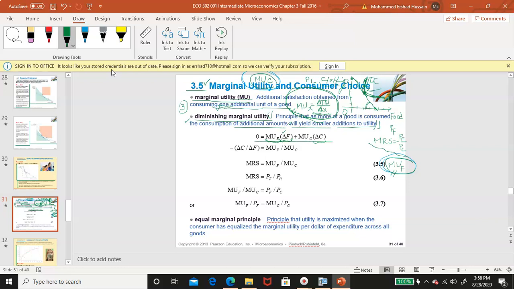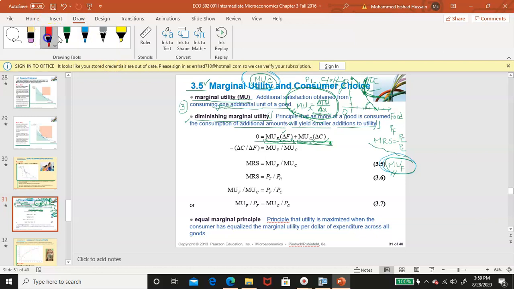So when you multiply together, all of this tells us the change in utility coming from a change in consumption of food. On the other hand, similarly, marginal utility of clothing multiplied by change in clothing tells us how much total utility will change because of this change in clothing.